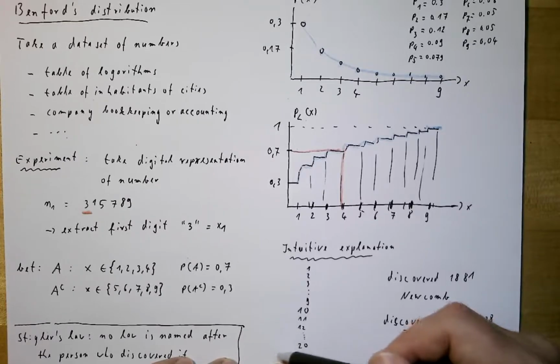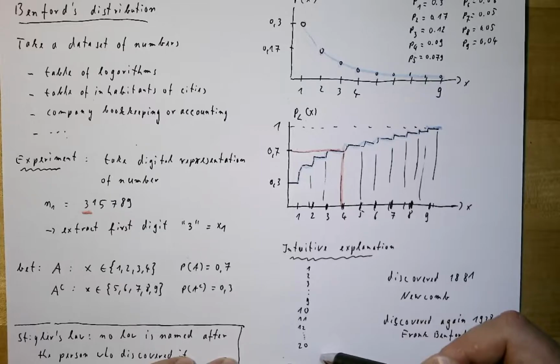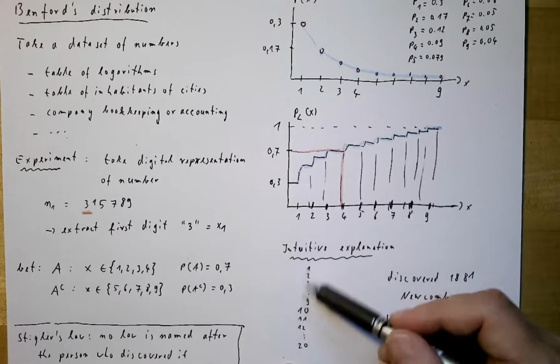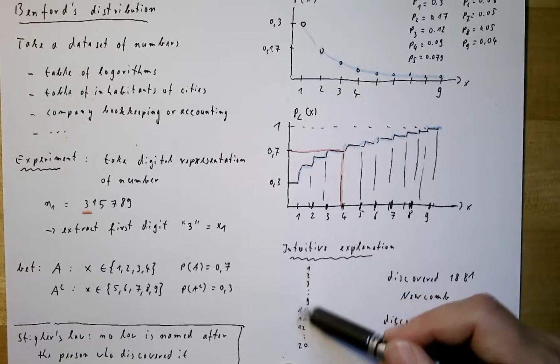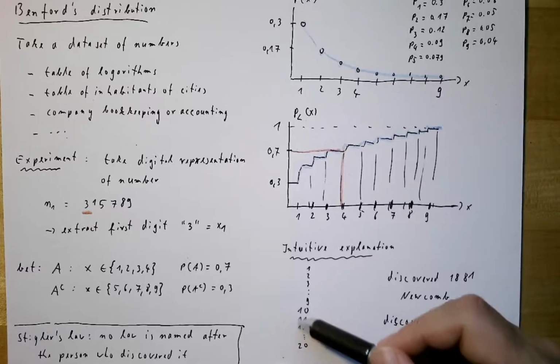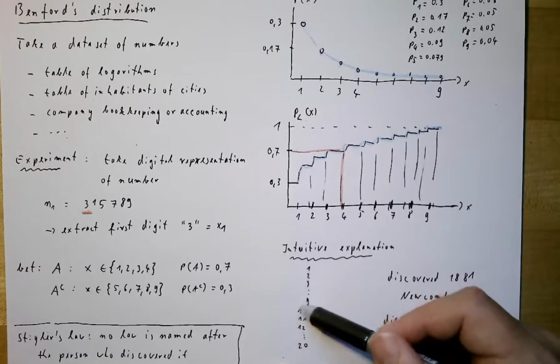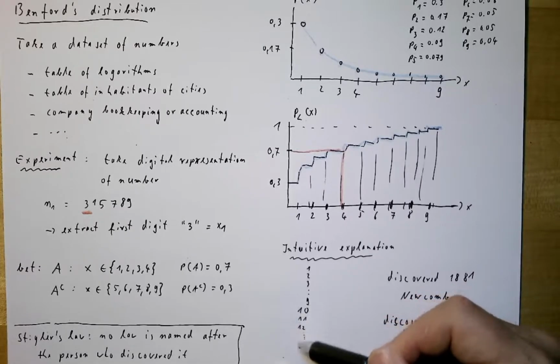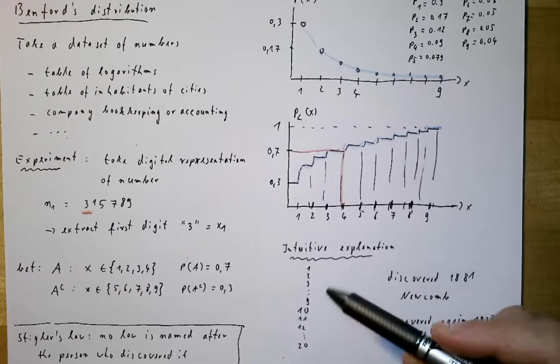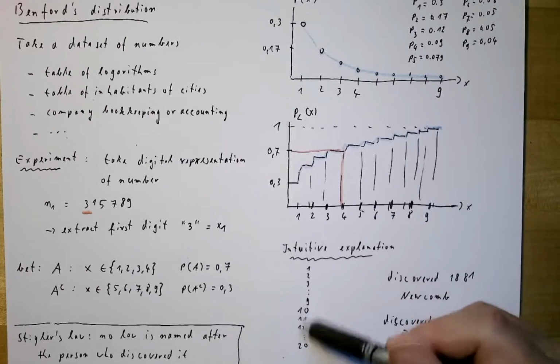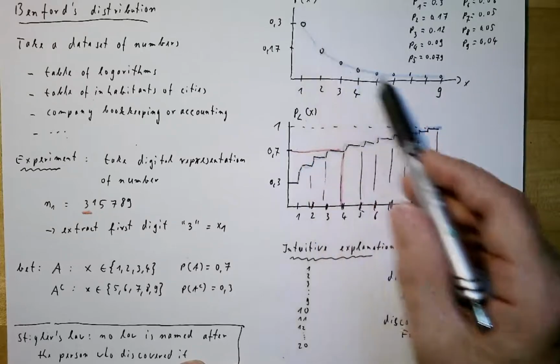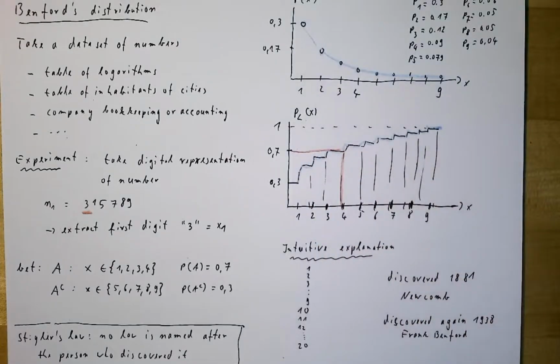So if we take the first digits from a finite range of numbers, it's somehow clear that smaller digits have a higher chance to appear, because they're the first to appear as we increase the numbers. But that's just an intuitive explanation. Coming from this to the real distribution is beyond what we want to do in this lecture.